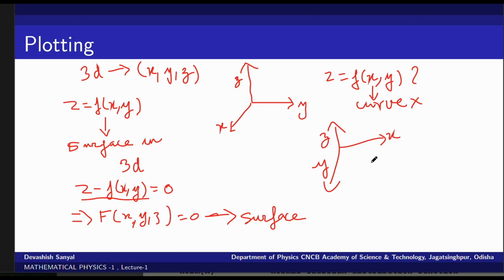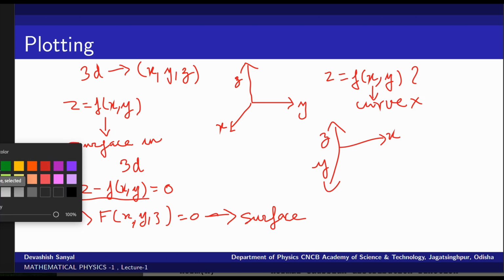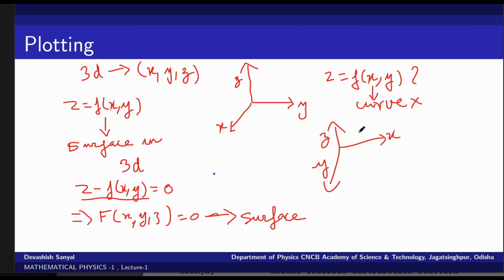This kind of coordinate system we are not going to use. We will use this kind of coordinate system. This is called the right-handed coordinate system.